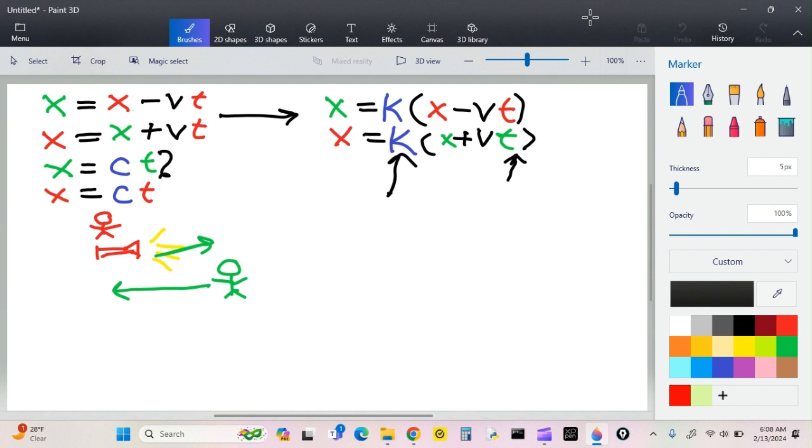We're going to take this information and use it to figure out what this K value is. Now, if this seems like it's very confusing, it is very confusing. And that's why you might want to watch this part of the video several times.